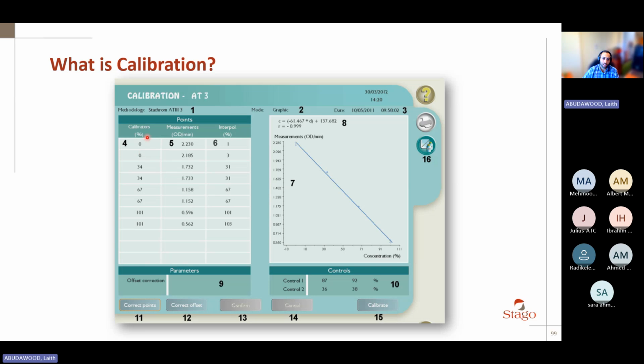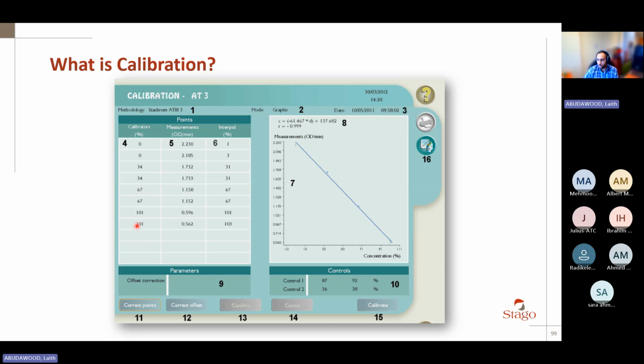If, for example, the calibrator value here is supposed to be 0% and this one is measuring 20%, how come at zero concentration of the antithrombin 3, my machine thinks there is a 20%? Means when there is 0% antithrombin 3, my patient result will be actually 20%, which is completely wrong. So interpolated values should be as close as possible to calibrators.